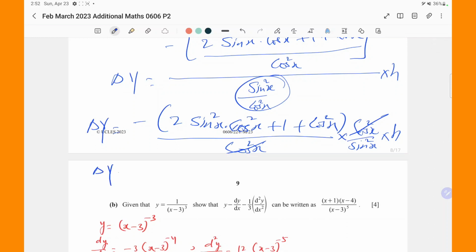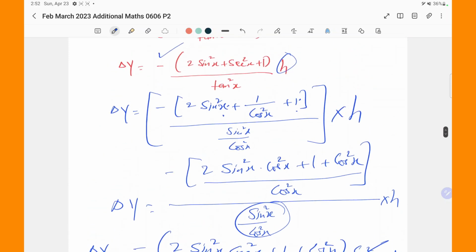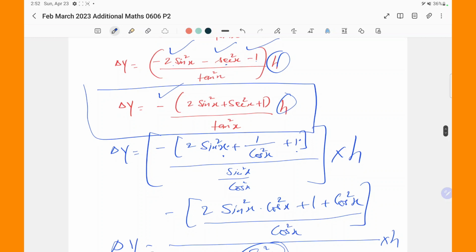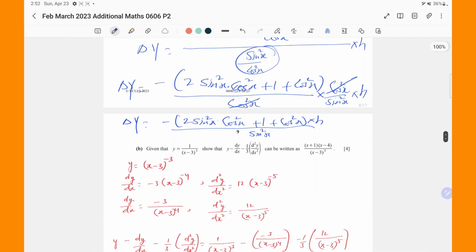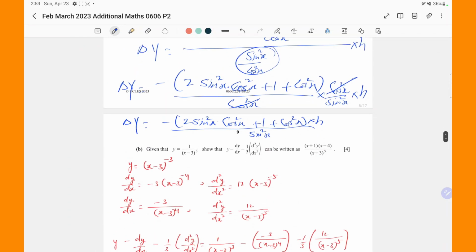So finally you can write delta y is minus 2 sin square x times cos square x plus 1 plus cos square x, then times h over sin square x. So I left it here, and I also explained how to solve further. If you want to solve further, you can take cos square x common, and then write something again.